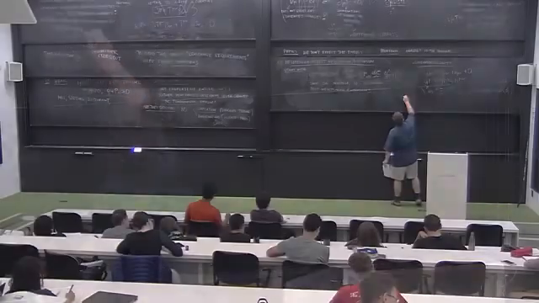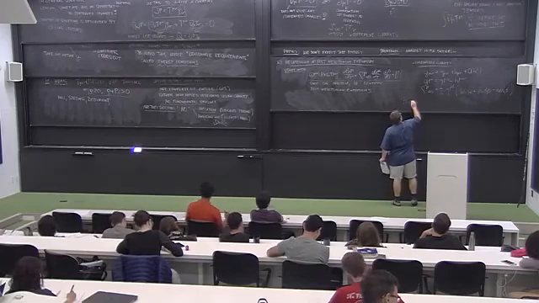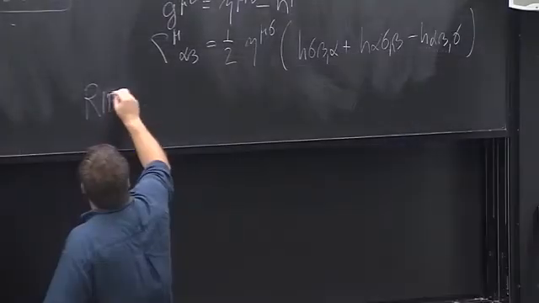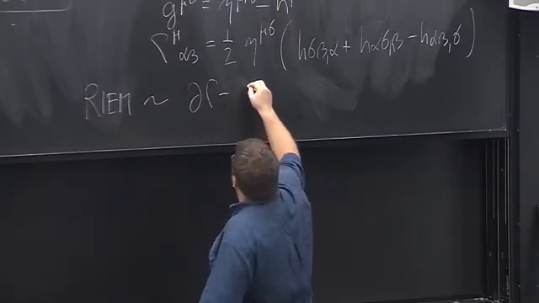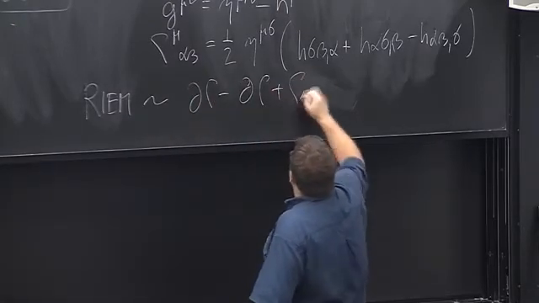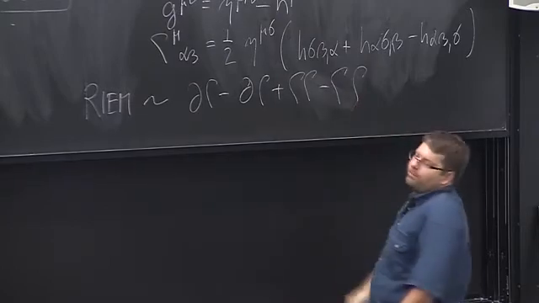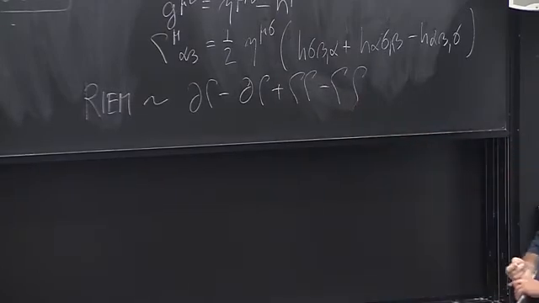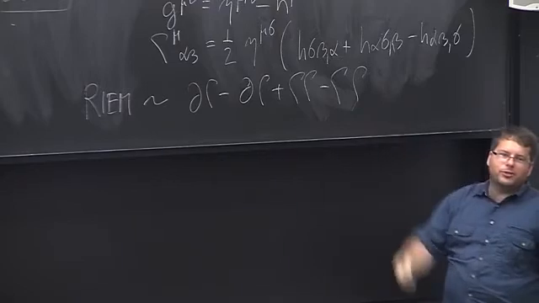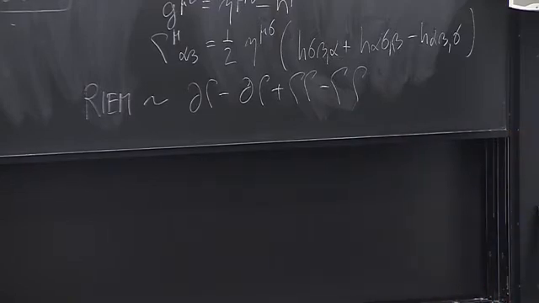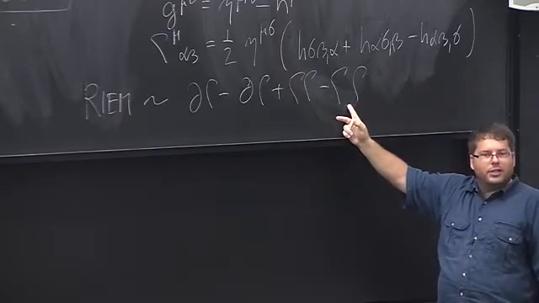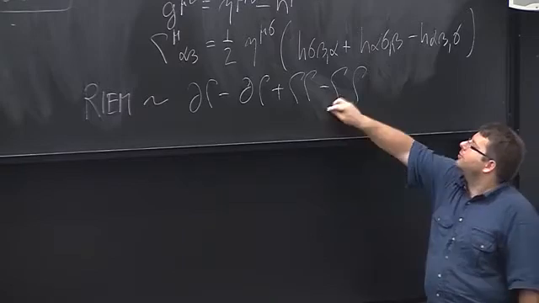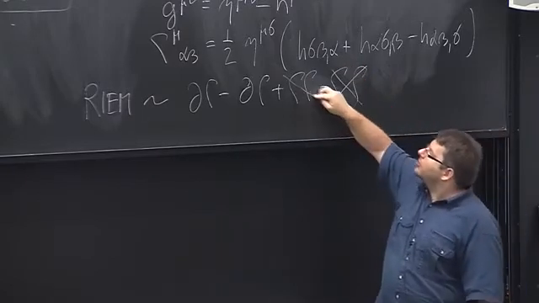And then if you want to calculate the Riemann tensor, it's d Gamma minus d Gamma plus Gamma Gamma minus Gamma Gamma. You see that the Christoffel symbol is already linear in h, so Gamma Gamma will be quadratic in h. So those terms are gone.